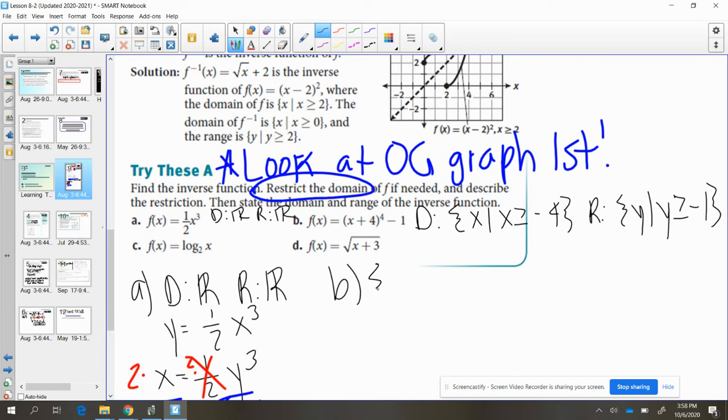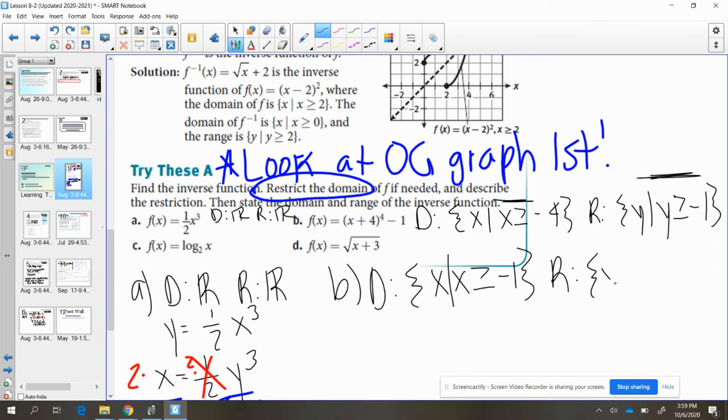So now our domain for this new graph is going to include all x values that are the range of the original, so greater than or equal to -1. And the range is going to be the domain of the original, so all of the y values now are going to be greater than or equal to -4. The domain and the range flip-flop.